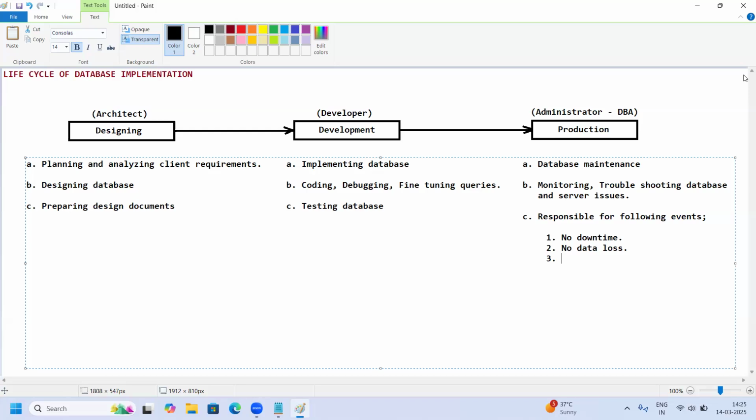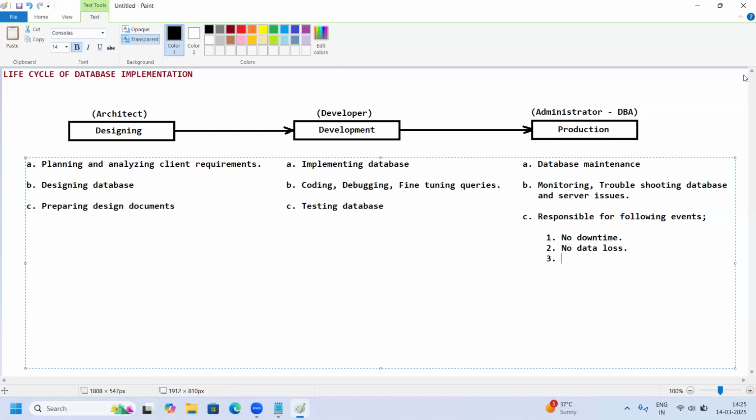Proper maintenance should be there, and a proper approach should be there in maintaining data. Okay, so no data loss.